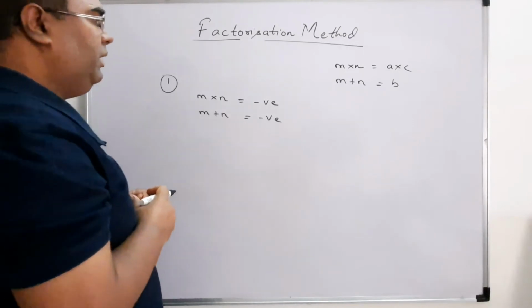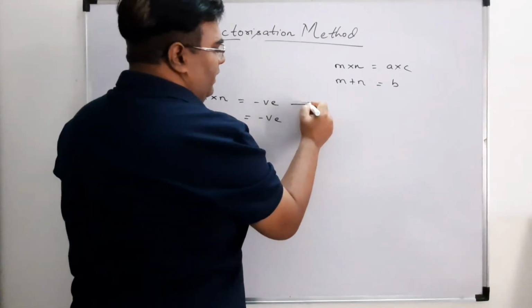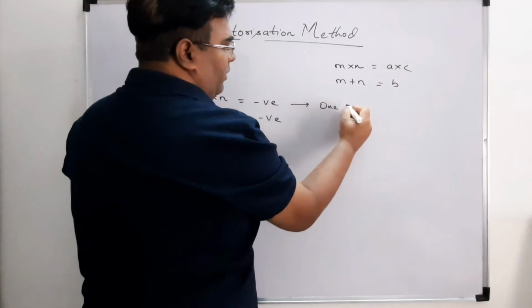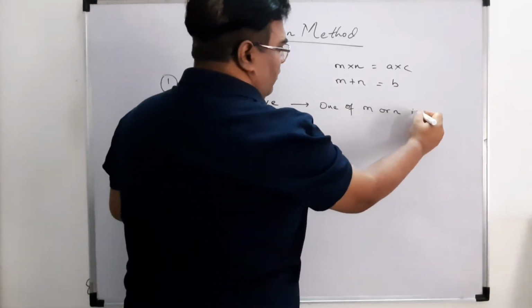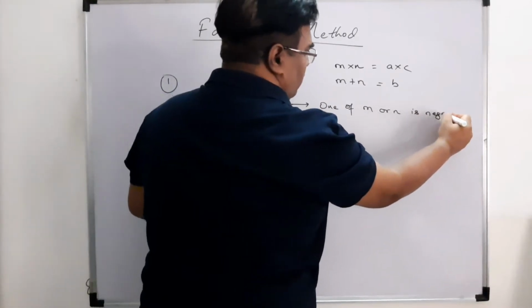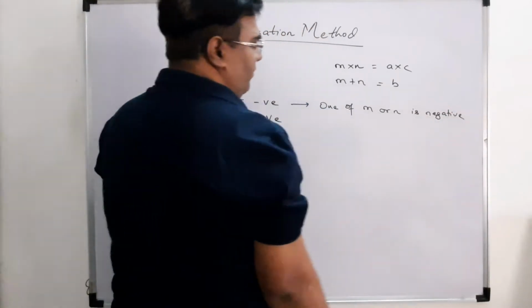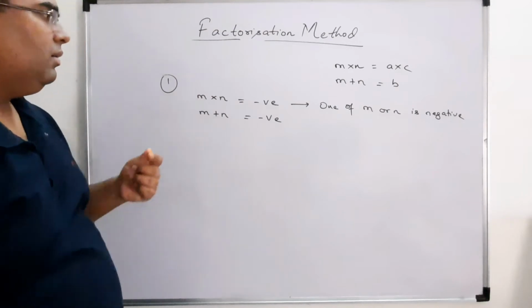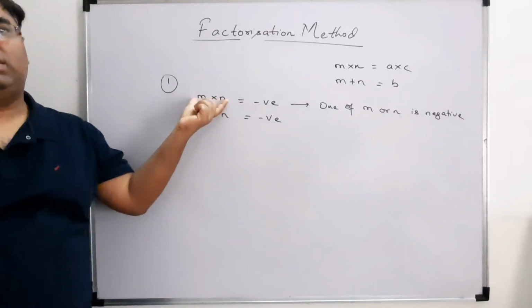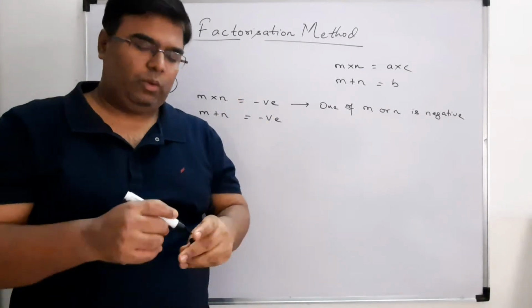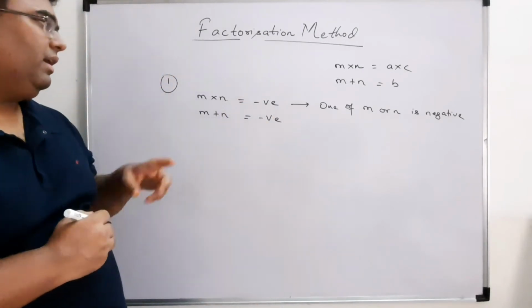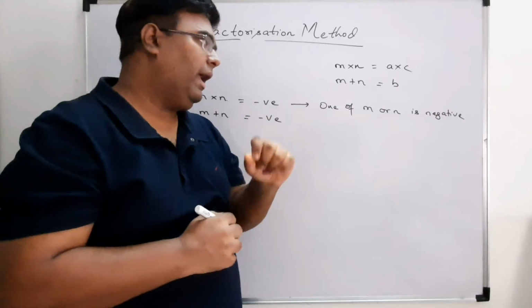So from here we can say that one of M or N is negative. Only one can be negative. Why? Because the product of a positive and a negative number is a negative number, right? So only one can be negative, either M or N.